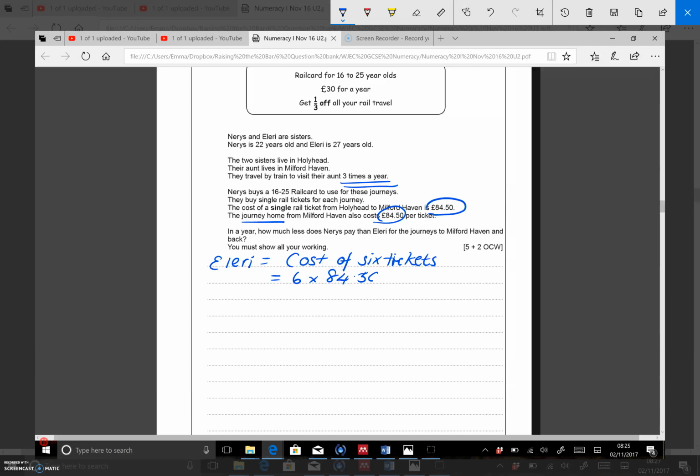Now I'm being careful what I write here to get these written communication marks, because you need to set out really clearly so the examiner knows exactly what you're doing and what each calculation is for. You don't want to write too much, because the more you write, the more likely it might be that you will make a mistake.